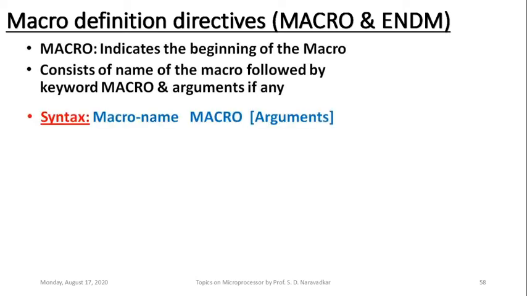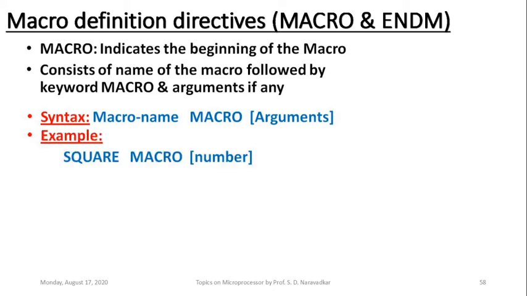Here is that syntax. Macro name, any macro name you can assign. The only thing is that macro name should not be an executable instruction in that corresponding assembly language program. Then a keyword macro and then the arguments which are shown at the end here.